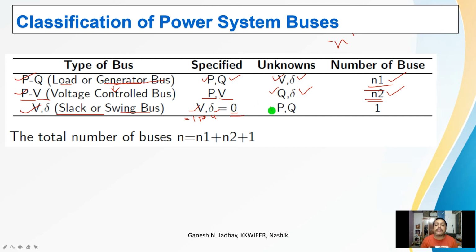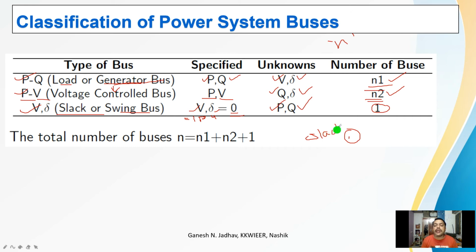This bus is capable of supplying infinite P and infinite Q, that is, all the remaining required active and reactive power. There is only one such bus in the system, and generally in an n-bus system, bus number 1 is called the slack bus or swing bus.